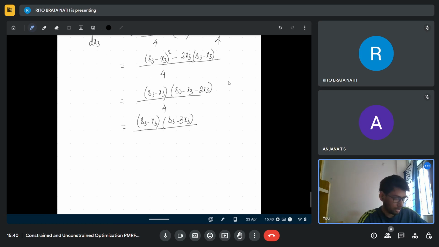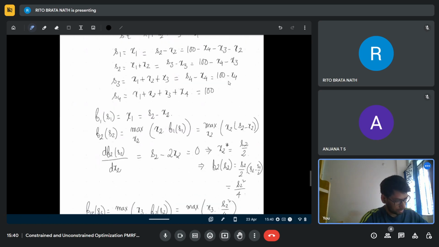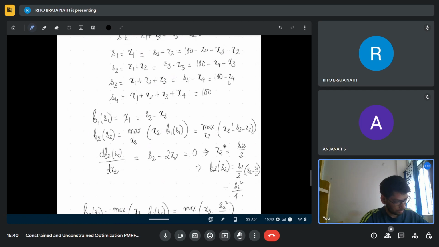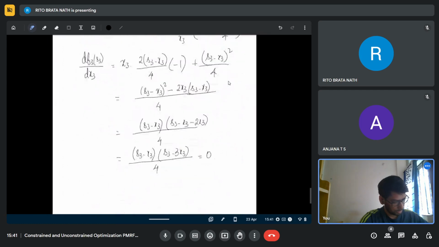Okay. Now you can set this to 0. Now there are two possibilities. If s3 equals x3, then x1 plus x2 becomes 0. But that means x1 and x2 will individually become 0. So that should not be the case.